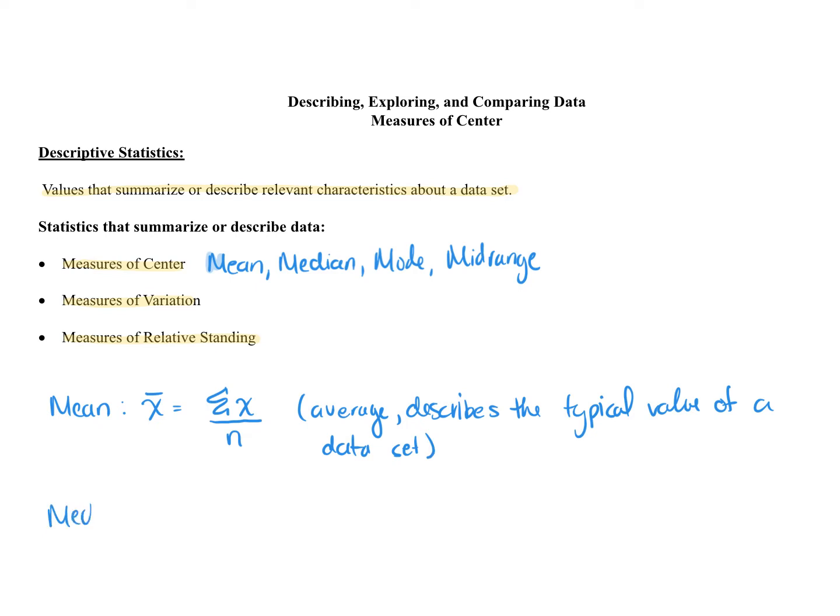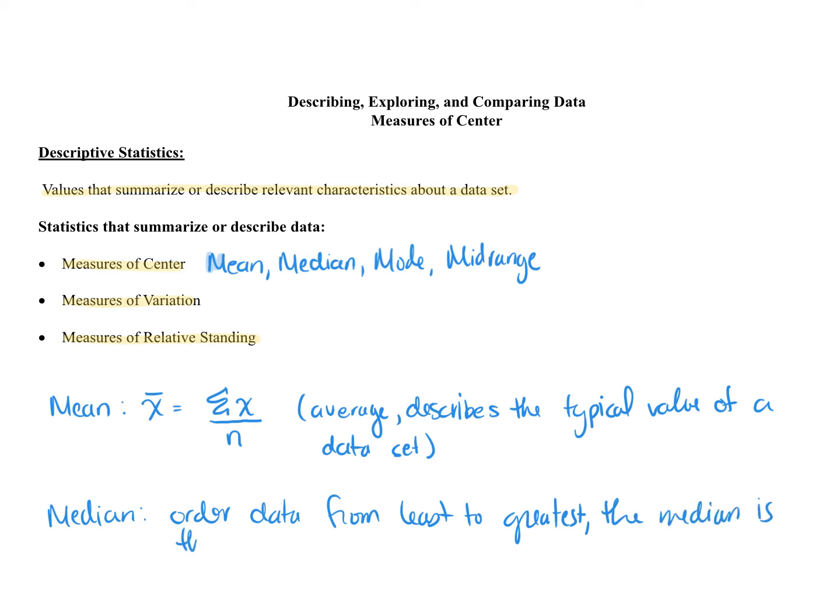Now, the median is when you take your data and you order it from least to greatest. The median is the middle value, in the center. You think of that as the middle of the data set.